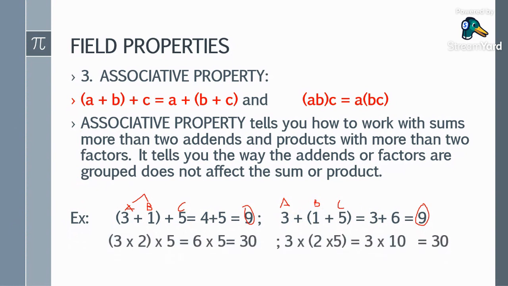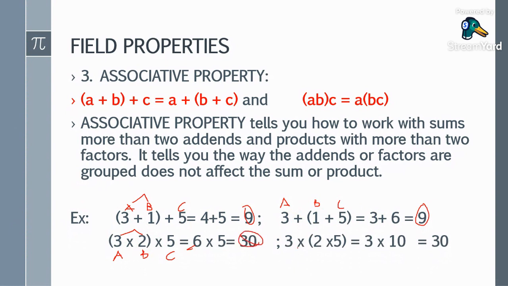Next, for the multiplication, 3 represents the A, 2 is the B, and 5 is the C. Since this is in the PEMDAS rule, we need to multiply first in the parentheses. So the quantity of 3 times 2, times 5: 3 times 2 is 6, times 5, that is 30.